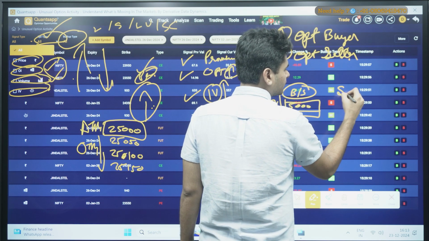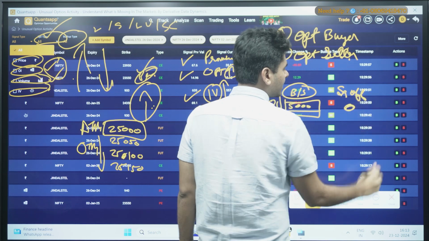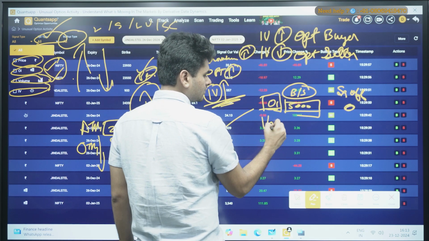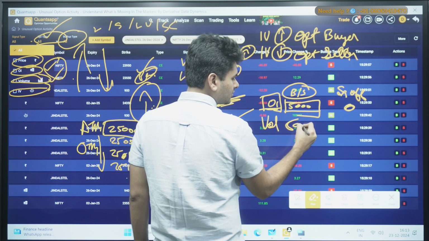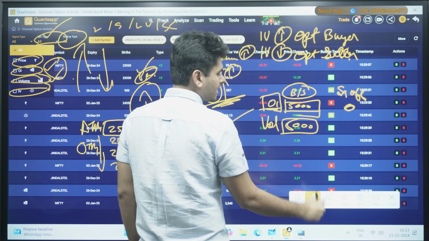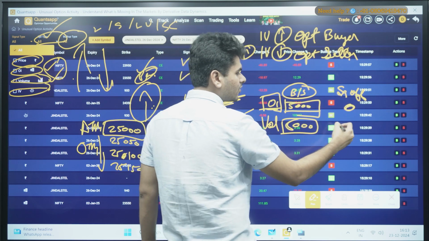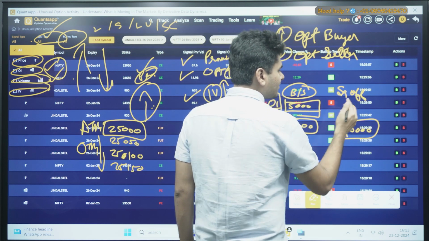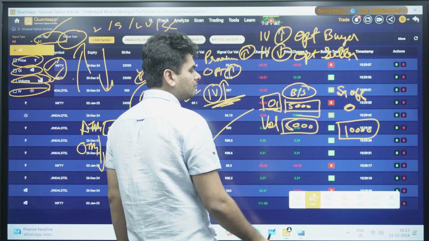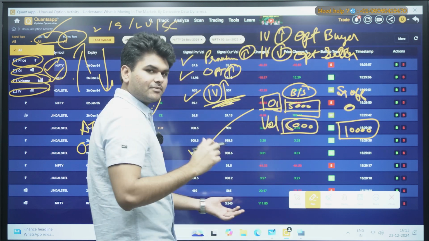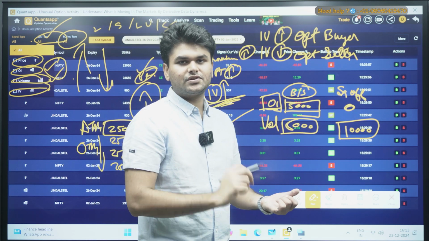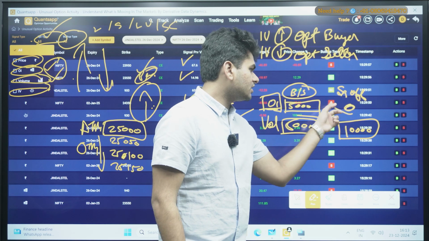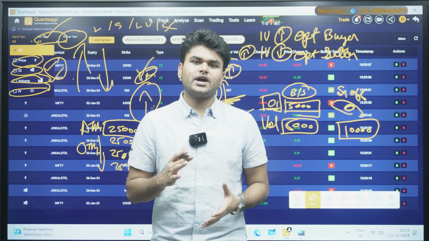But in volume, we'll see 5,000 quantity being traded, and at the square off point you will see 10,000 quantity being traded. So buying and selling both add to the volume, but the OI shows the quantity when a trade is initiated, and when the contract is squared off, it goes back to 0. That is the difference between OI and volume.